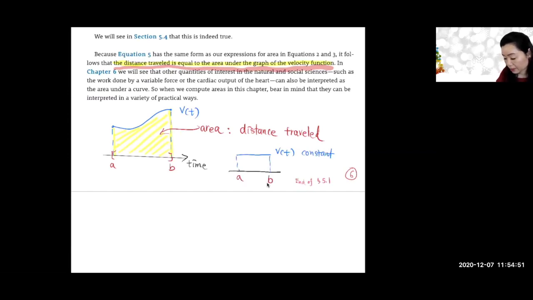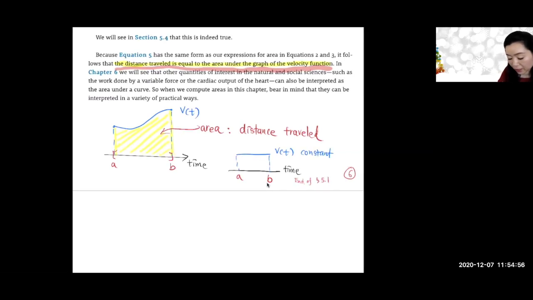The time goes from A to B. Then the distance traveled, the area under the curve, will be this part right here, right? We'll use the velocity times the time elapsed. So velocity times the time that passed will give you the distance traveled, okay? So that's the end of 5.1. Are you guys good?